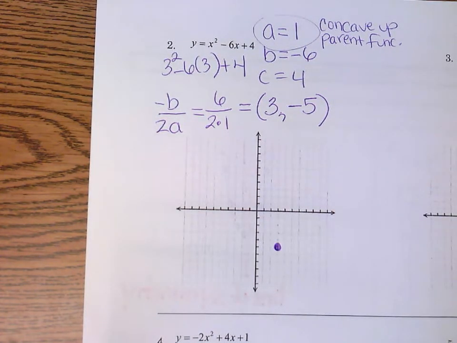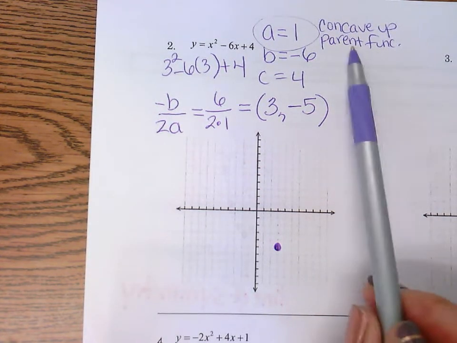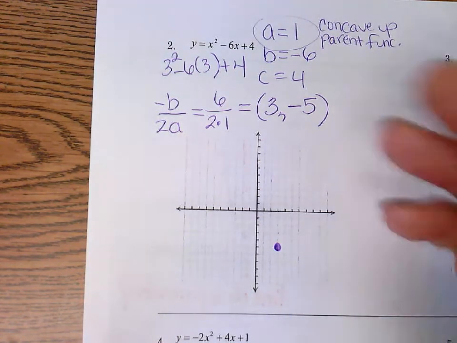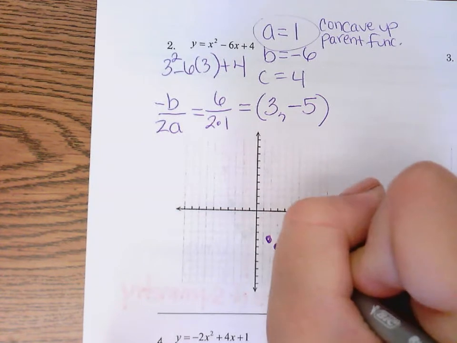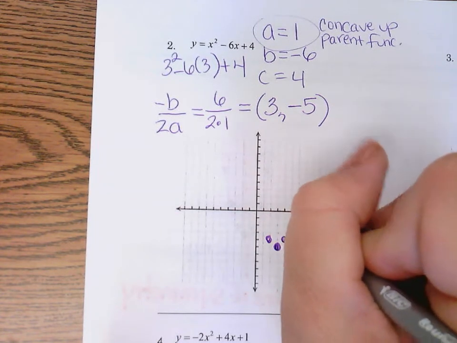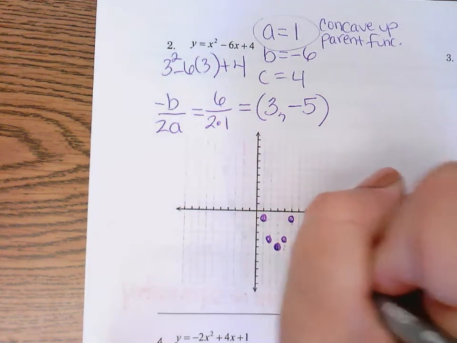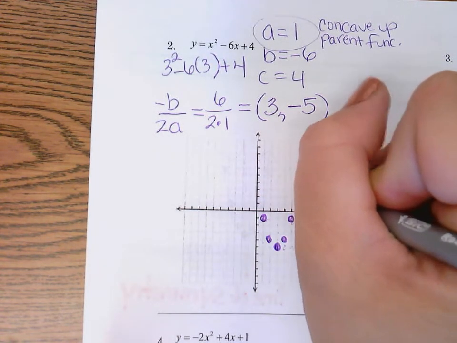And I can go ahead and graph, right? Because it's concave up and it's just the parent function from the front page. So you should get really good at the parent function. Over 1, up 1, over 2 from the vertex, up 4, and then over 3 from the vertex and up 9. 1, 2, 3, 4.